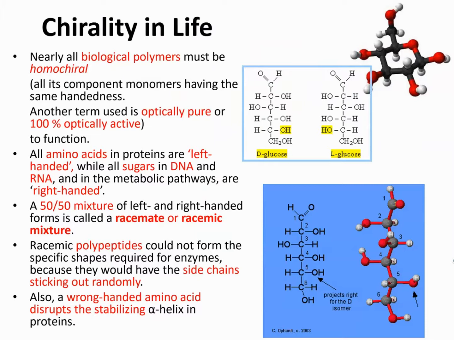For this case, we call it a racemic mixture, and the pair we call enantiomers, like what I explained previously. Racemic polypeptides could not form the specific shape required for enzymes because they would have side chains sticking out randomly. Also, a wrong-handed amino acid disrupts the stabilizing alpha helix in proteins.